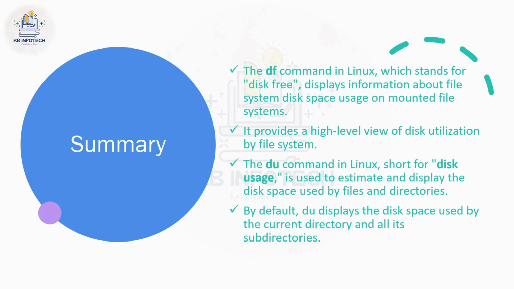The other command we have is du, which is called disk usage, and is used to estimate and display the disk space used by each file or any directory in the Linux system. By default, du displays the disk space used by the current directory and all its subdirectories. With both commands, we have some useful and important options that we can use based on our requirement.